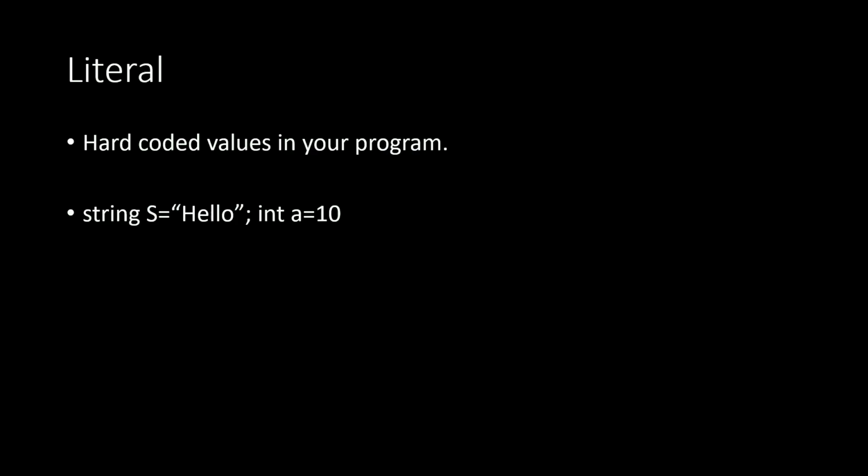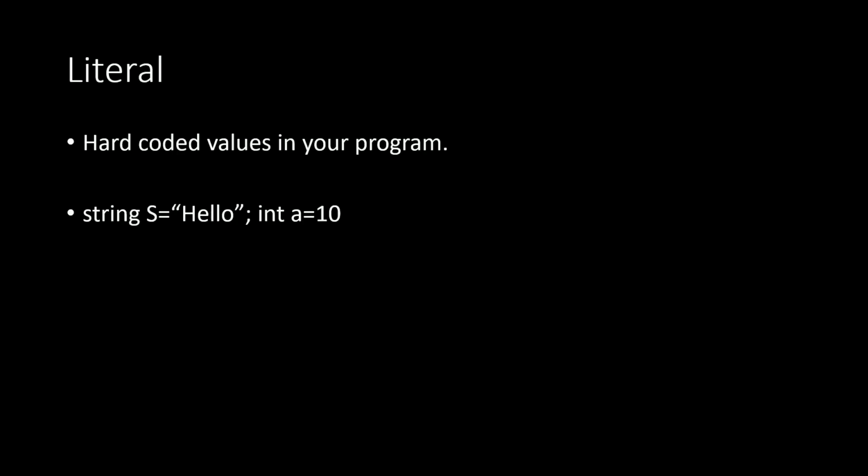In the last video, we talked about variables and data types. So when we created variables, we stored some values into the variables, right? What are those values? What are they called? In programming, those values, the hard-coded values in your program, are called literals.